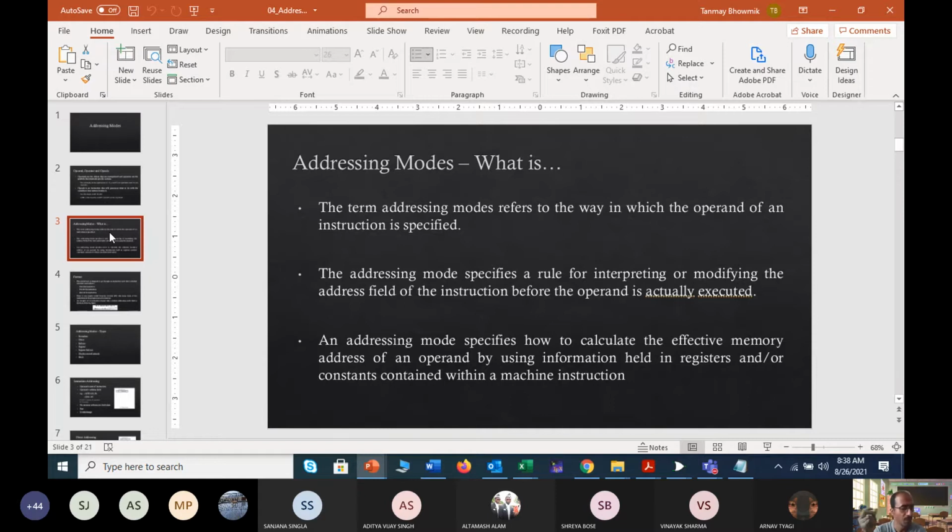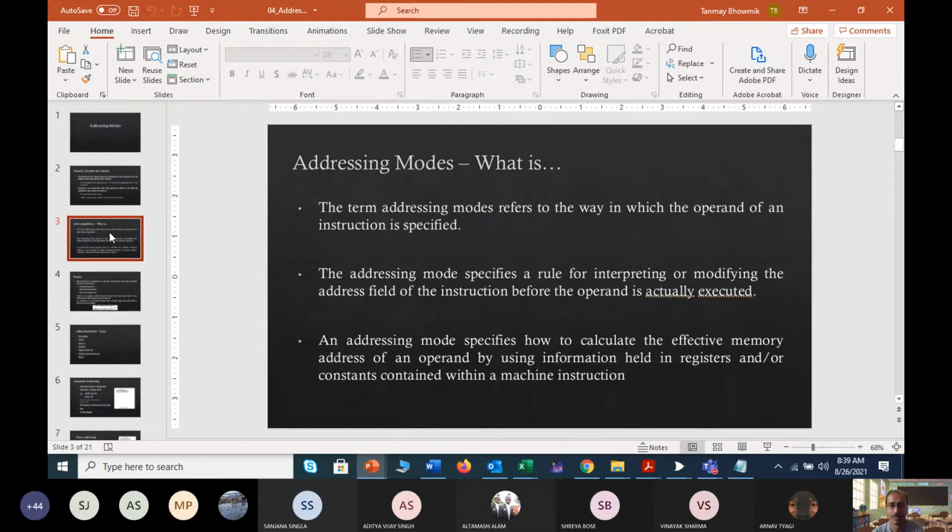Just like we are right now working in this university. If we change our job to another university, our location will obviously change, right? So our effective address, which is not a memory address but a residential address, will be changed, modified.